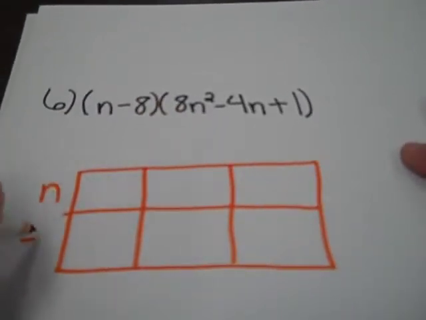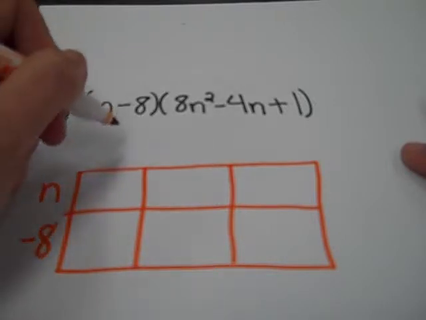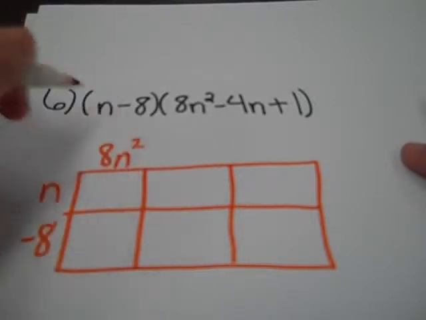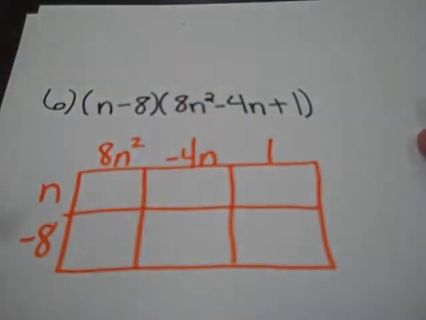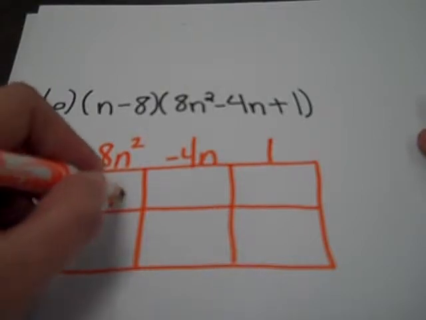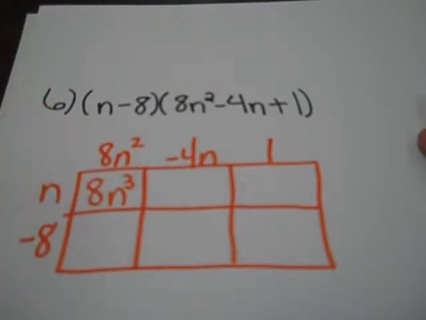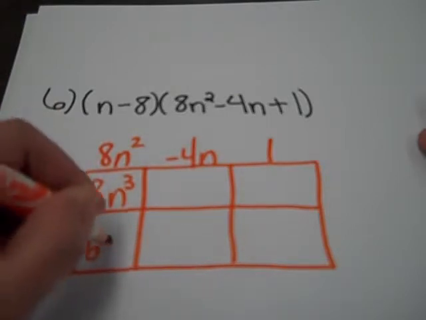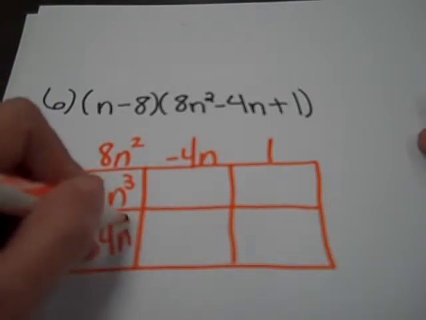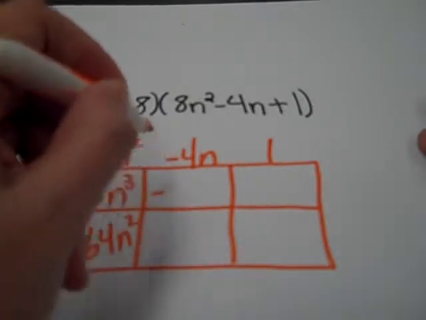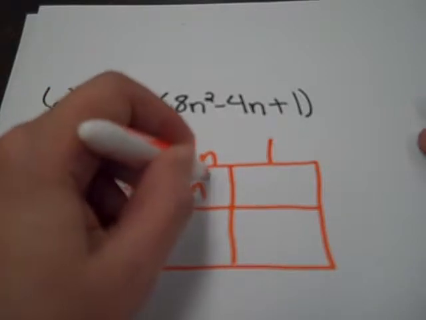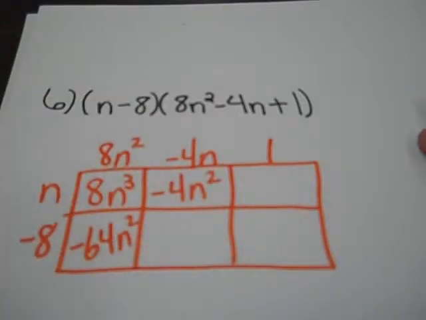I have n minus 8 times 8n squared minus 4n plus 1. 8n squared times n is 8n to the third. 8n squared times negative 8 is negative 64n squared. N times negative 4n is negative 4n squared.